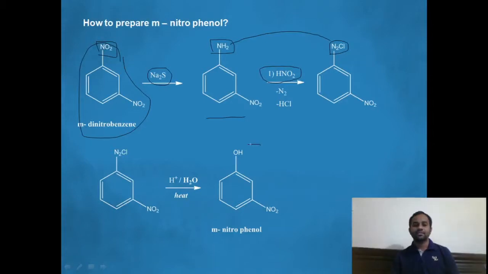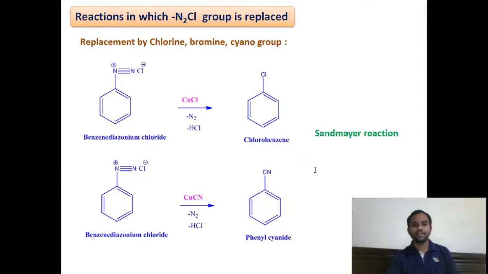Further, when we subject this metanitrobenzene diazonium chloride to the previous reaction, that is hydrolysis in presence of acid medium followed by heating, this N2Cl group is replaced by OH group, right? In this way we can prepare this metanitrophenol, right?